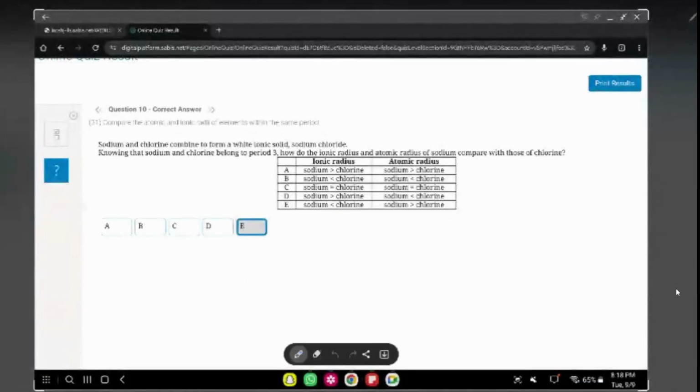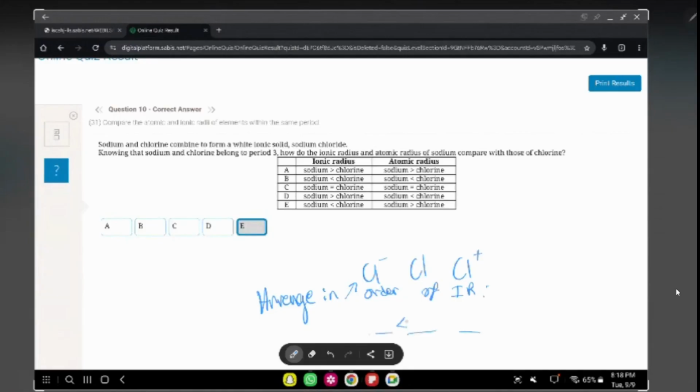Now, really quickly, Cl minus, and let's say I told you Cl plus exists. Let's arrange them in increasing order of ionic radius, or let's just say atomic radius, whatever radius. Which one is going to be in the middle? The Cl, the normal. Now, the minus means it gained an electron.